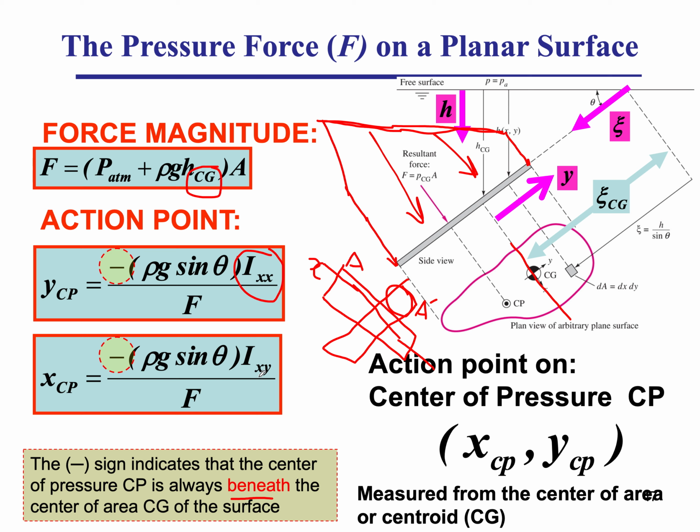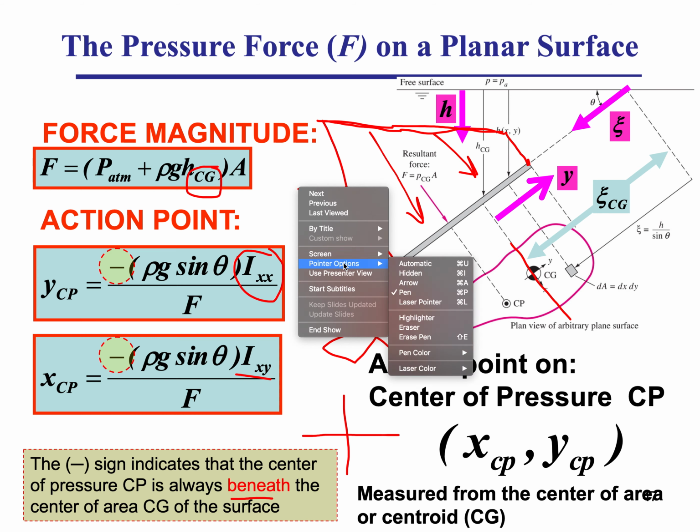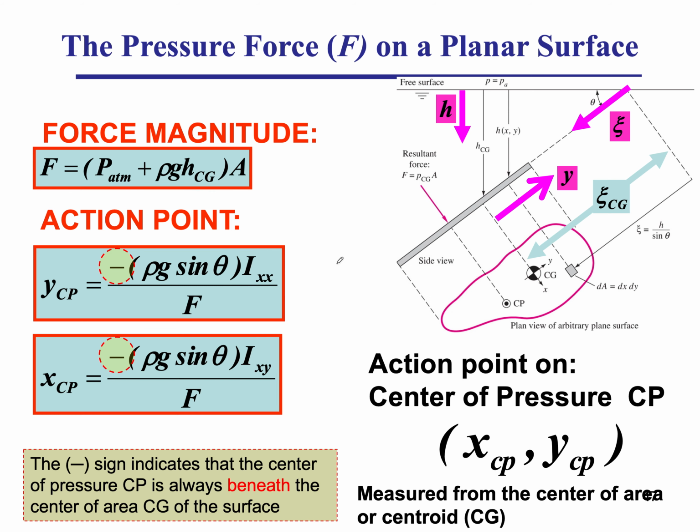Now let's look at what it means to have an IXY. So let me draw this. Let me give you two examples. I am running out of space, so let's take two cases.